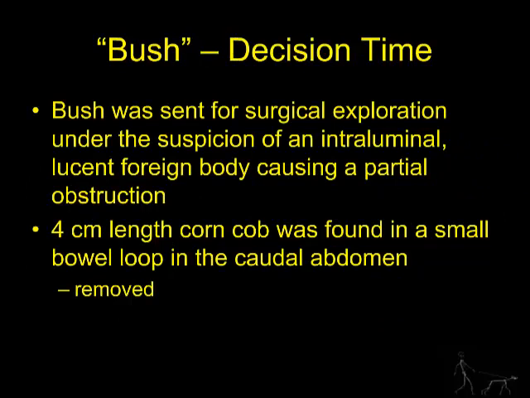Bush was then sent for surgical exploration under the strong suspicion of an intraluminal radiolucent foreign object that most likely is causing a partial obstruction of the small bowel. At surgery, a 4-centimeter length of corncob was found in this section of small bowel in the caudal abdomen and was subsequently removed.